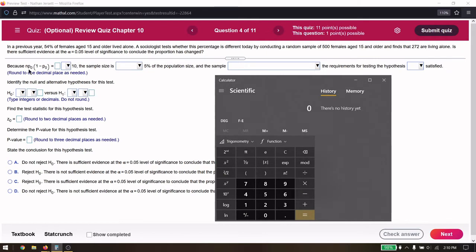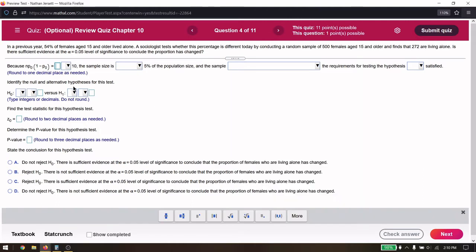So first off, np(1 minus p), of course, this is a population proportion, 54% of females, right? That's a proportion. So we're going to be using the proportion formulas, I should say. 0.46 times n, which is 500, and we get 124.2, one decimal place.